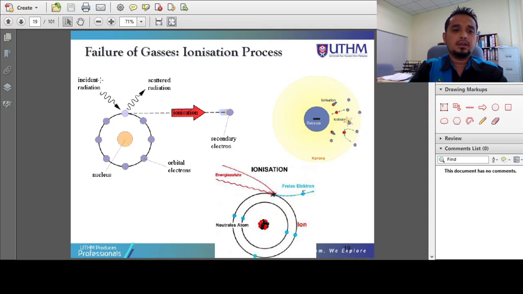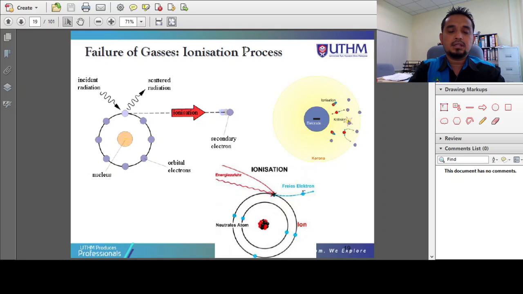For example, we have the incident radiation. We have the molecule, the nucleus, and the electron. Once the radiation bombards the energy and hits the electron here, somehow the secondary electron manages to escape from this molecule.